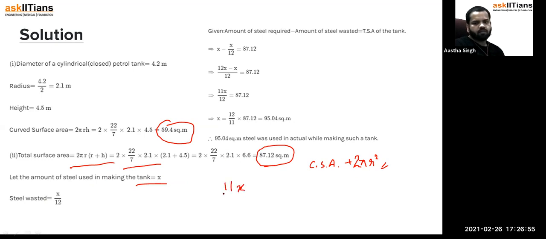The remaining will be 11 by 12, which is equal to your total surface area. So 11 by 12 of X is equal to 87.12. So actually you are using not 87.12 but 95.04 meter square.